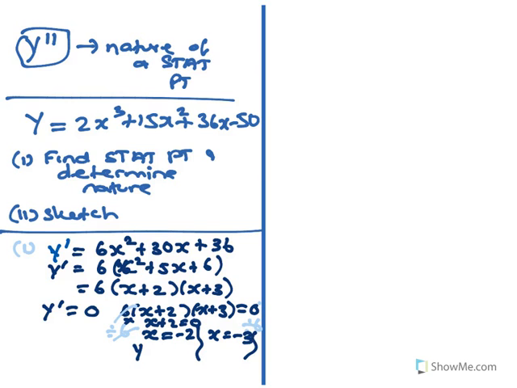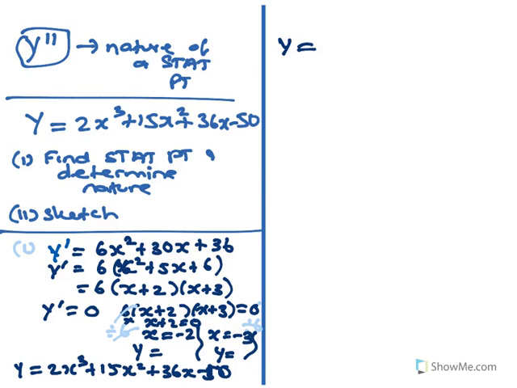Once you've got the x values, you need to find the y value. In order to find the y value, you sub it into the original function. It's good to make sure that you show this substitution. If you happen to get 2 zeros, it's probably because you have put it into the first derivative.